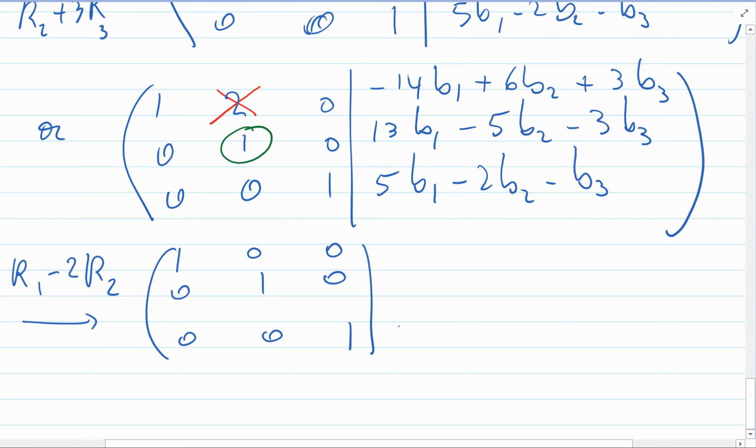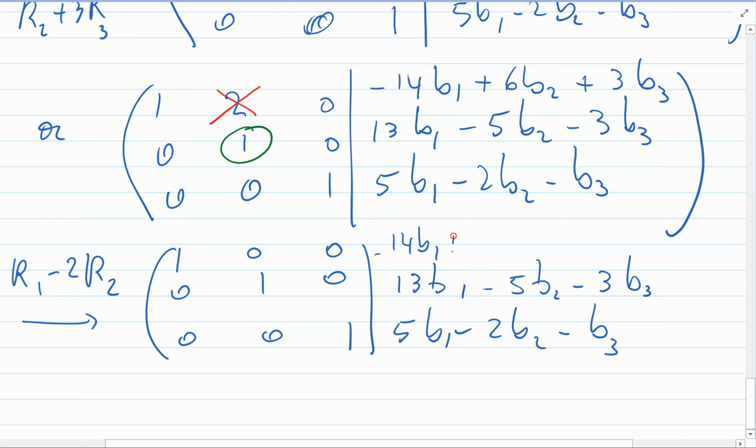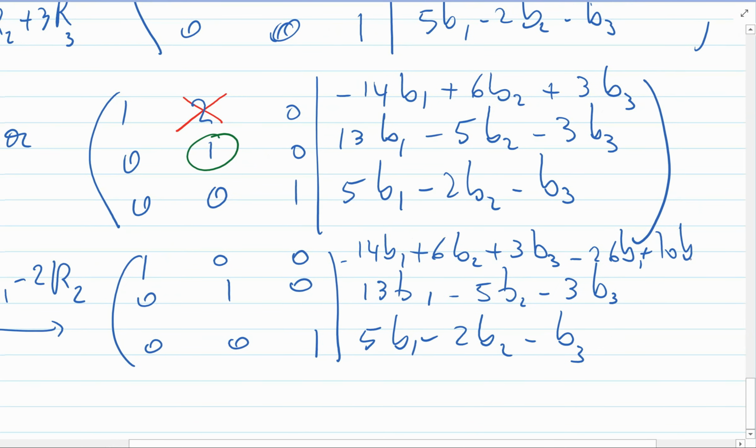So what do we have? We have 5b1, 2b2, b3 at the bottom, 13b1 minus 5b2 minus 3b3, and then on the top it's going to be the original one from R1, minus 14b1 plus 6b2 plus 3b3, minus 2 times R2, minus 26b1 plus 10b2 plus 6b3.